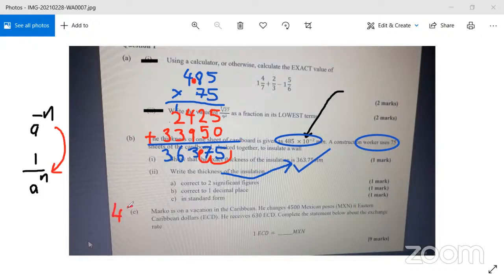So you can have 485 times 1 over 100, or 485 divided by 100, or you could use 4.85. So this is one option.